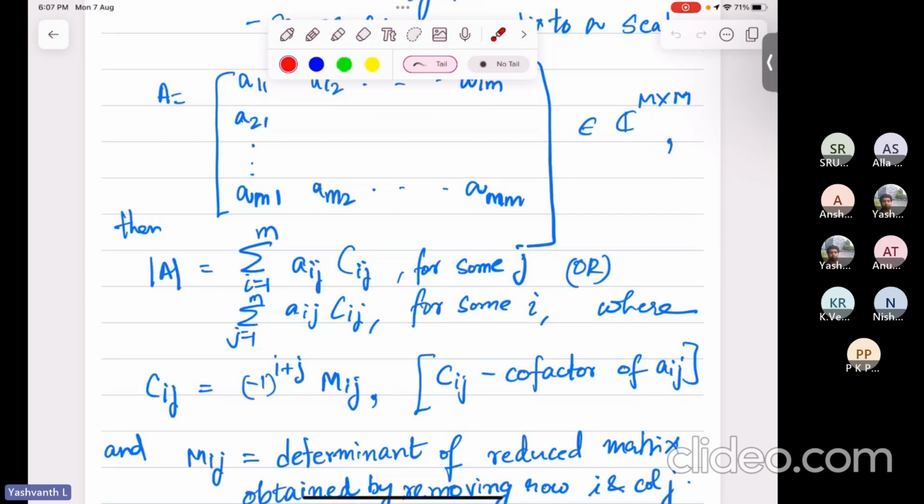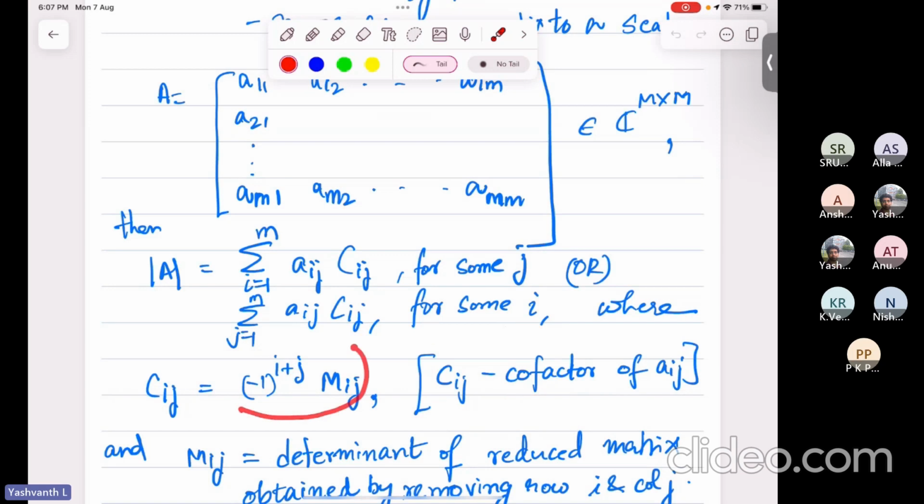It's summation over i equal to 1 to m of a_ij c_ij, for any j, or you can define it as sum over j equal to 1 to m of a_ij c_ij for any i, where c_ij is called the cofactor of the corresponding entry a_ij.